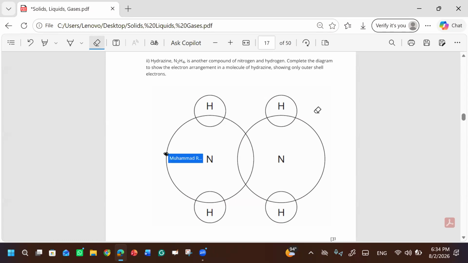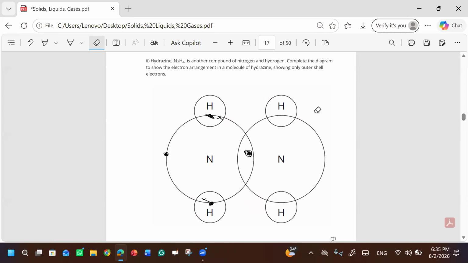There's going to be a dot here, and then another dot here, and another dot here, and another dot over here, and there are going to be crosses over here. And there's going to be nitrogen here.